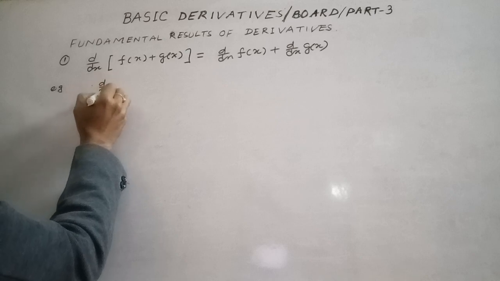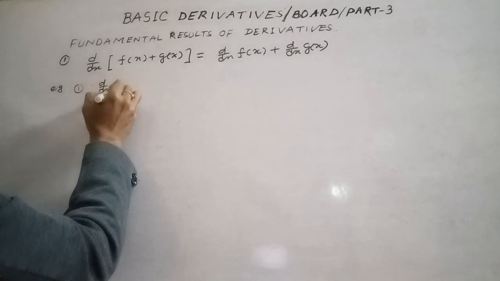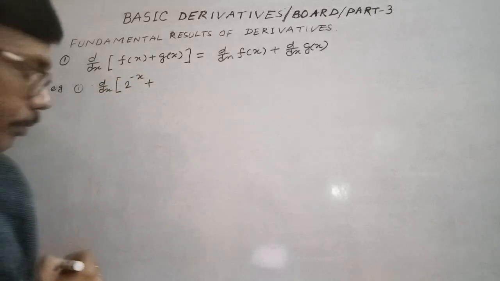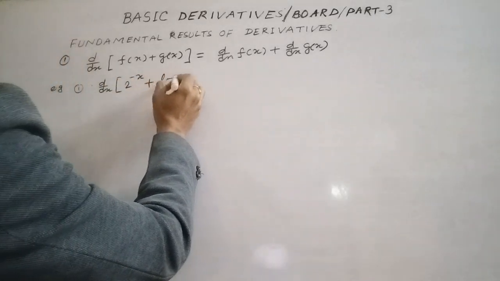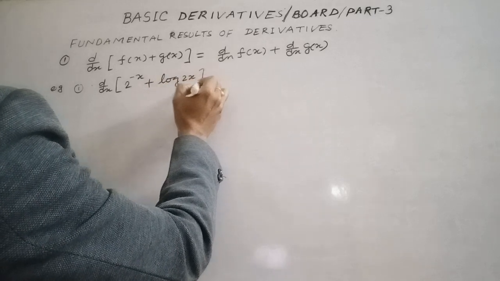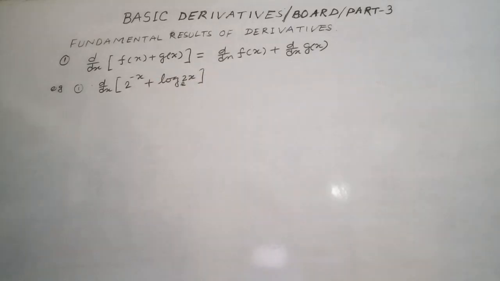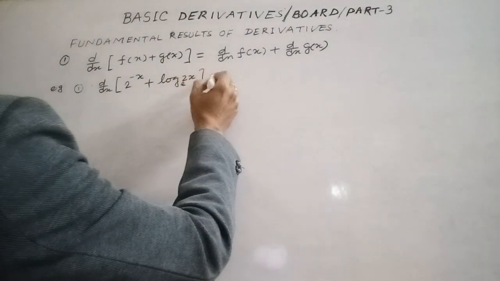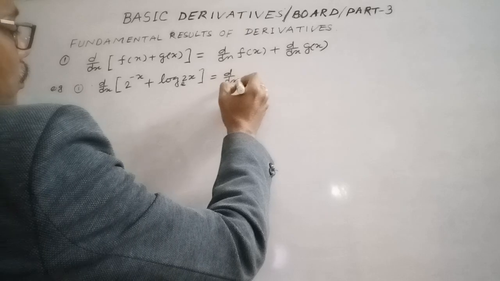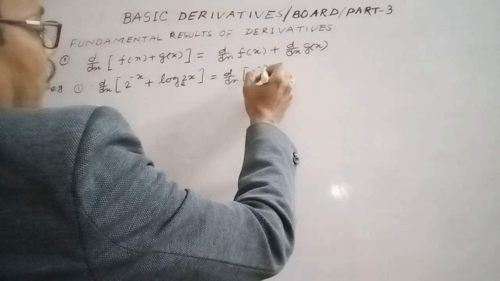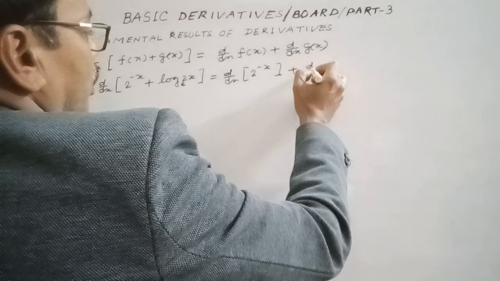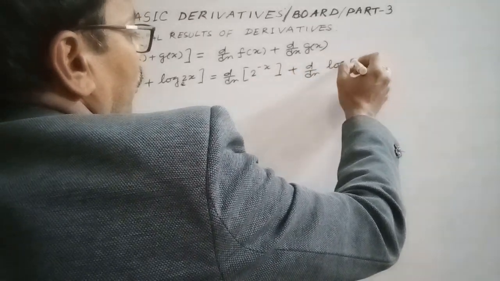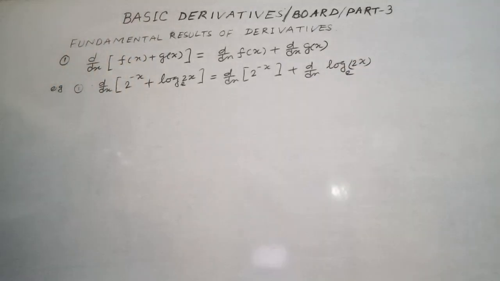d by dx of 2 to the power minus x plus log 2x. Obviously, the base is e. This equals d/dx of 2 to the power minus x plus d/dx of log of 2x base e.